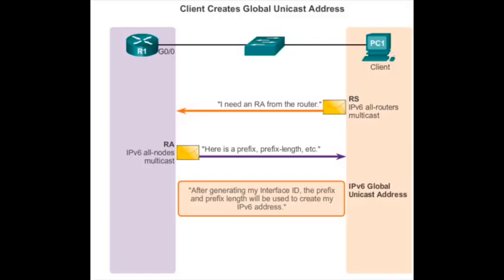The first one is the EUI-64 process, using the 48-bit MAC address, and the second is a randomly generated 64-bit value. This random number can be generated by the client operating system.